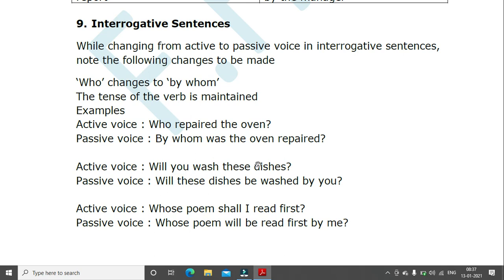So here you have to put this action in between this and I. Okay, clear? So you write whose poem will be read first by me. So here I becomes me and poem remains the same as it is. And you have your action in between. Okay? Clear? Okay.